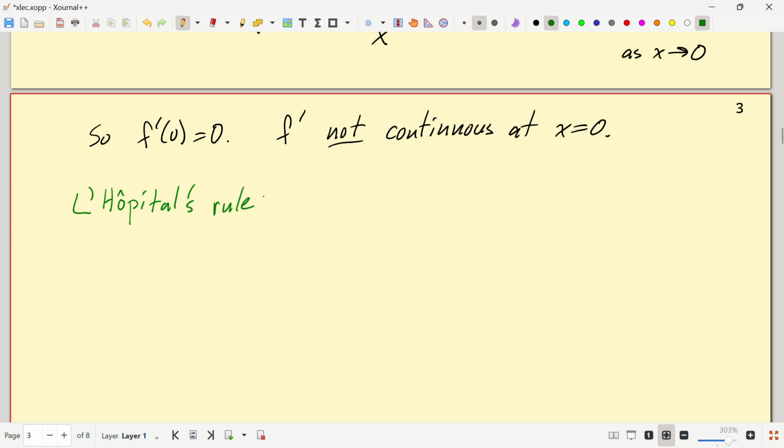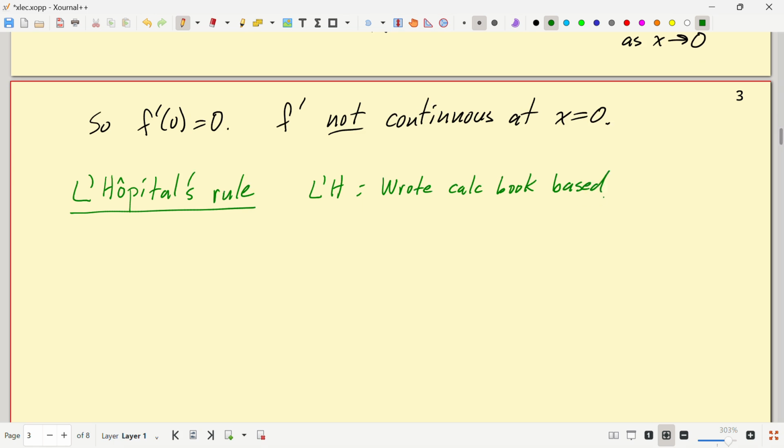And the funny thing, in the book, there's a biographical note that it wasn't actually L'Hopital who came up with L'Hopital's rule. L'Hopital wrote a calculus book based on lectures of Johann Bernoulli, the same guy I talked about on day 1 about Fourier series. Johann Bernoulli should have gotten credit for inventing Fourier series. He should have also gotten credit for inventing L'Hopital's rule.